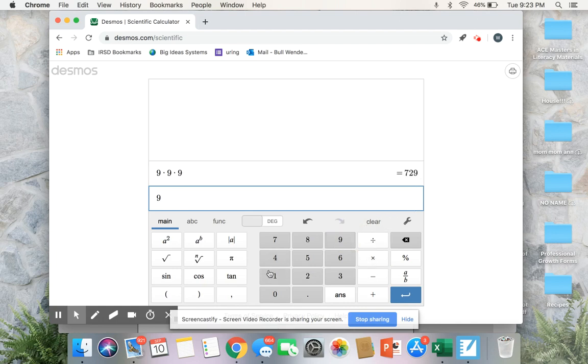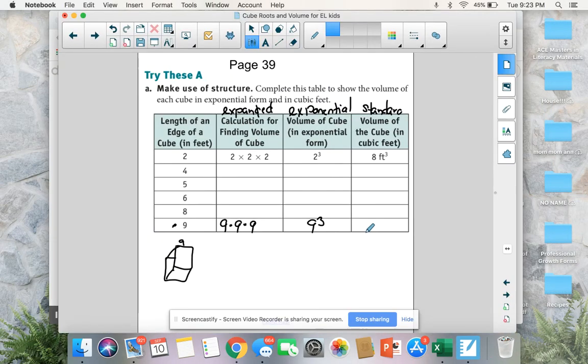Or you could do 9 and then see this little a to the b power, so 9 to the power of 3. Either way, your standard form, or just the number value, would be 729. So over here I can write 729 feet cubed because I have to remember my units.